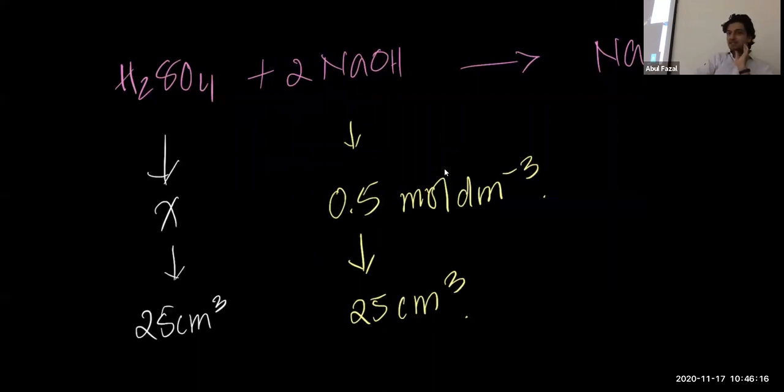So it has to be in the same ratio. Half of it, because you need half the amount of acid. Yes, you can. 1 mole of acid will neutralize 2 moles of NaOH, just by looking at it.